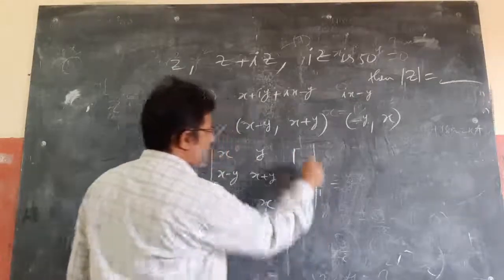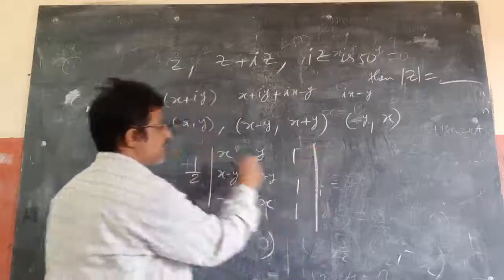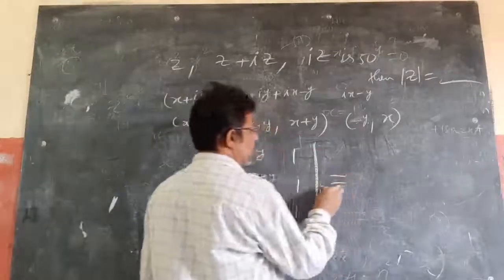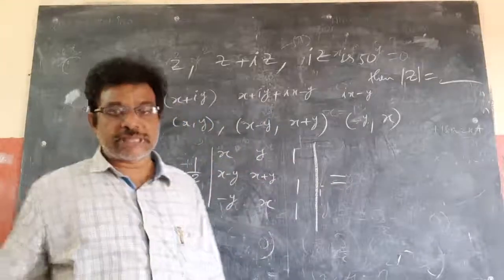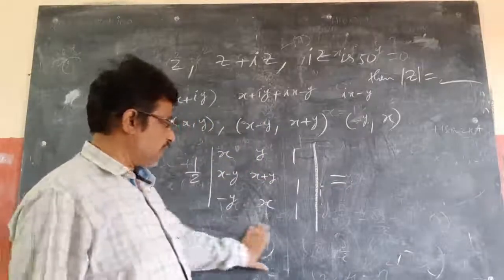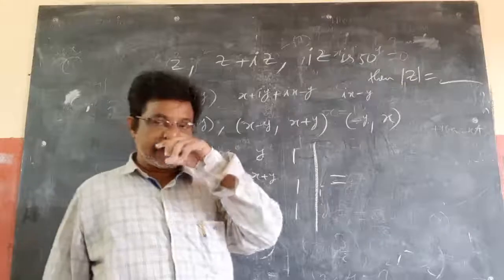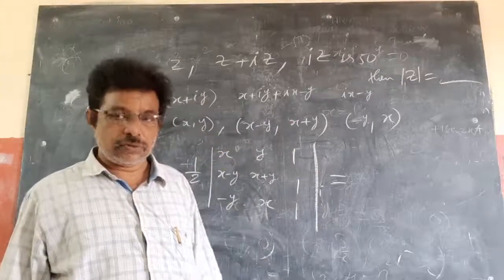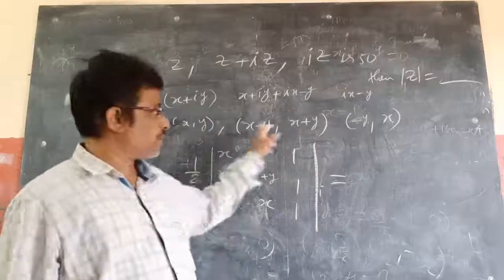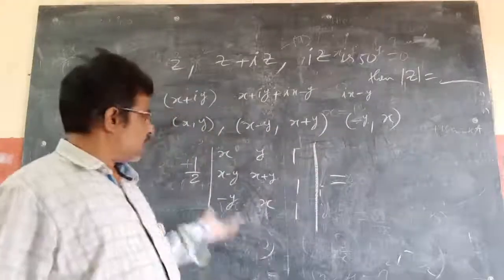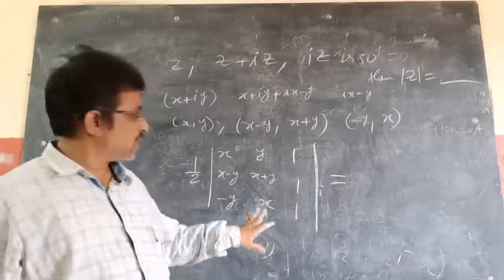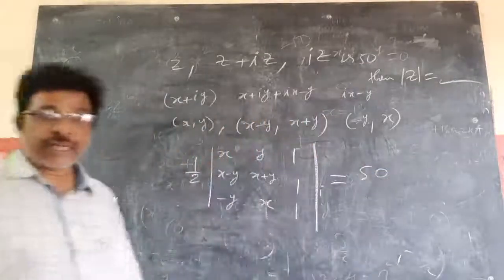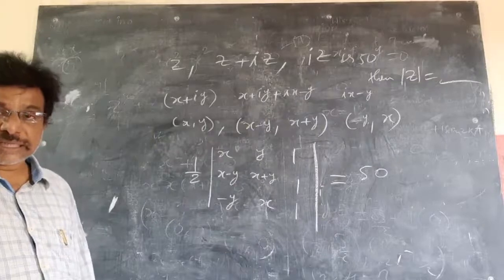Take the coordinates with 1 as the last column because we want a 3 by 3 matrix. This is the area of the triangle. Otherwise you can use x1 into y2 minus y3 plus x2 into y3 minus y1 plus x3 into y1 minus y2. I feel the determinant is easy, that's why I am doing this. It is equal to 50, as given.